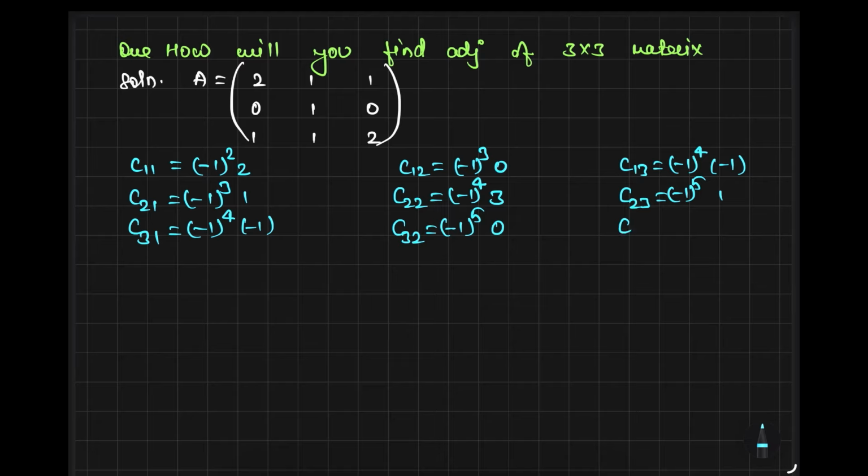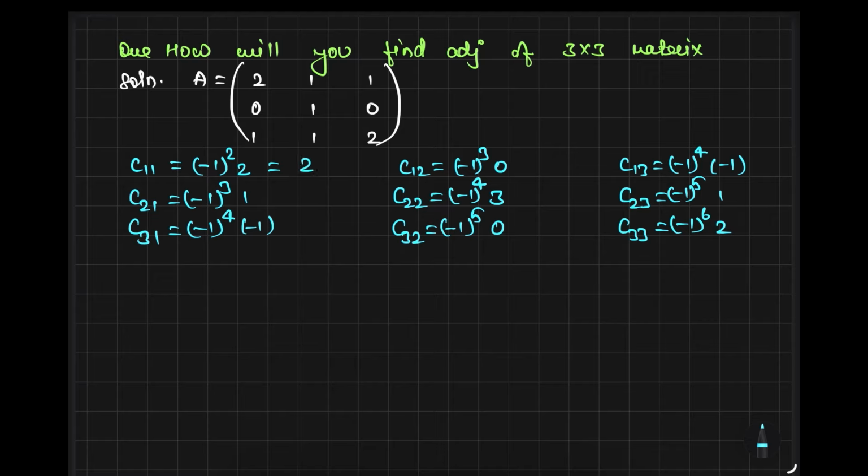And then C33, hide this, hide this. Then 2 into 1, that is 2, minus 0. So it is minus 1 power 6 and then 2. So this is your cofactor matrix. Let's write down the final result.